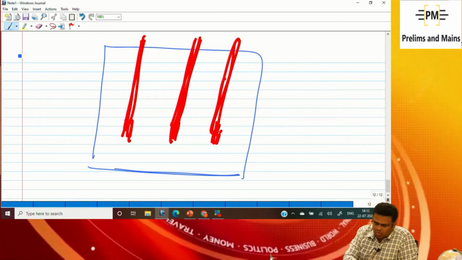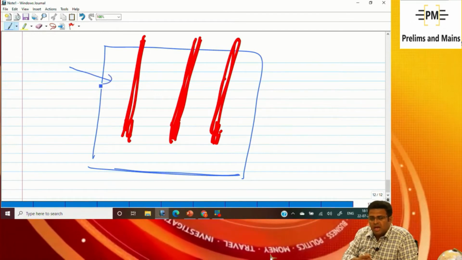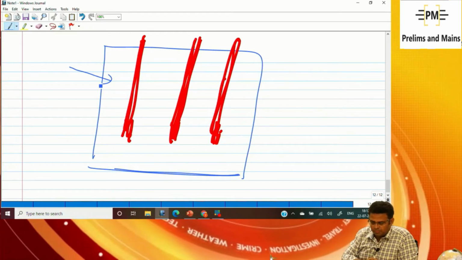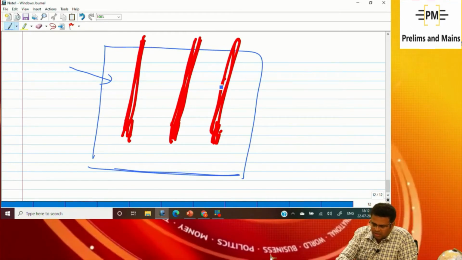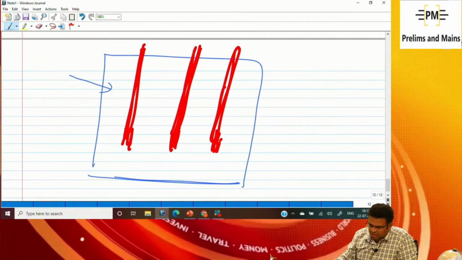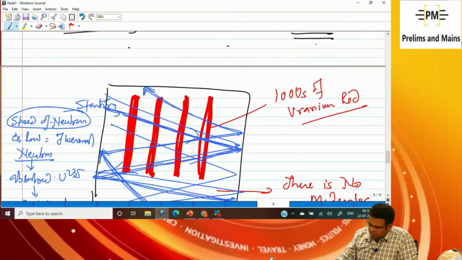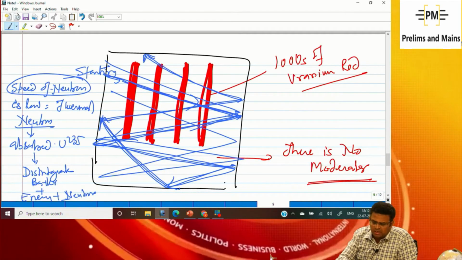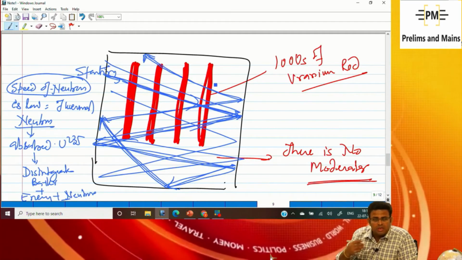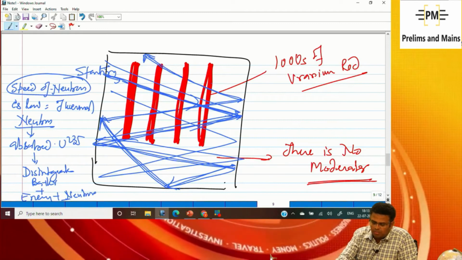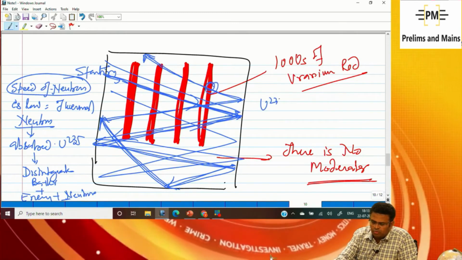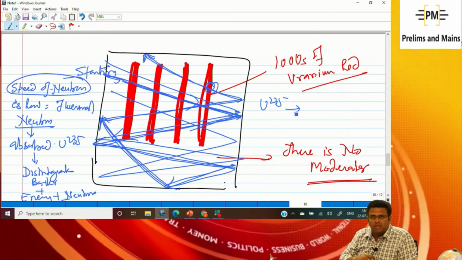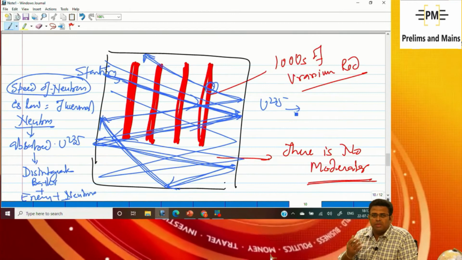Now I say that the neutron is moving at very high speed and keeps colliding with the chamber and reducing its speed. In this figure you can see lakhs of neutrons are moving and their speed is reducing, yes or not, and then it is absorbed by uranium-235, and uranium-235 converts into barium and krypton and gives energy, and the energy will be the beta decay.